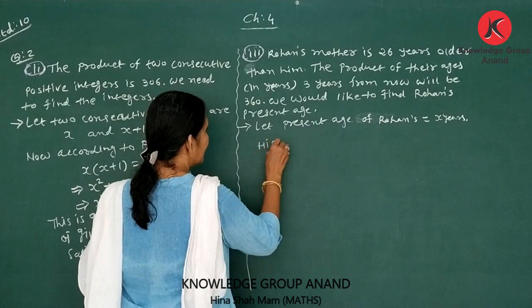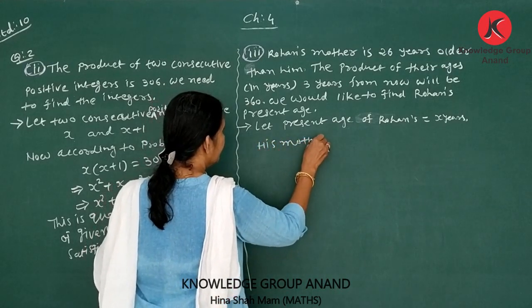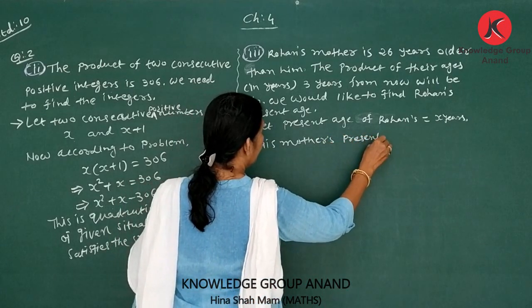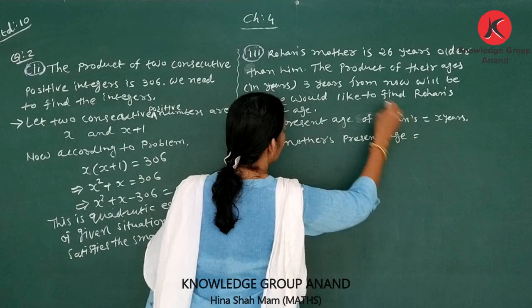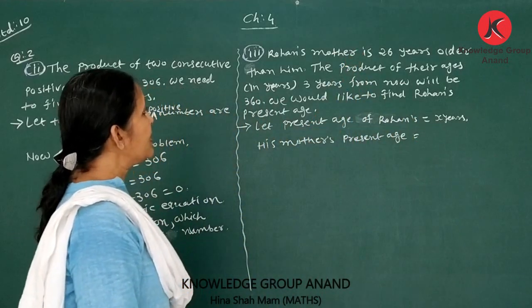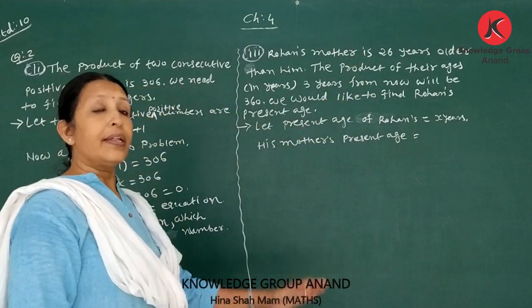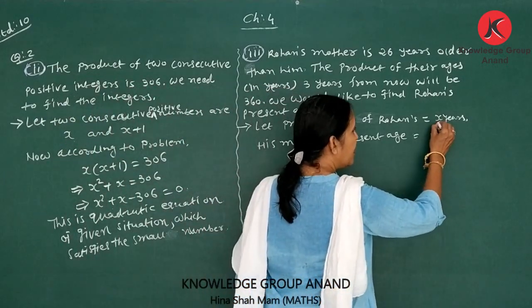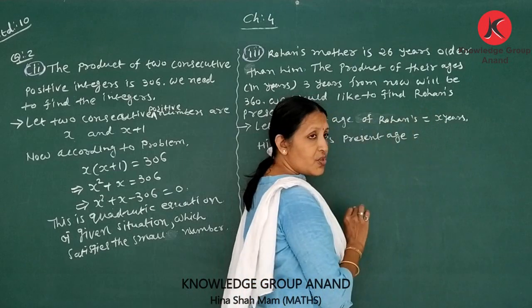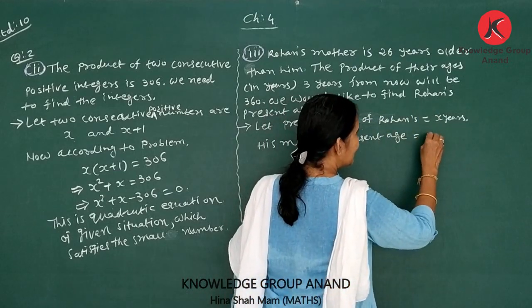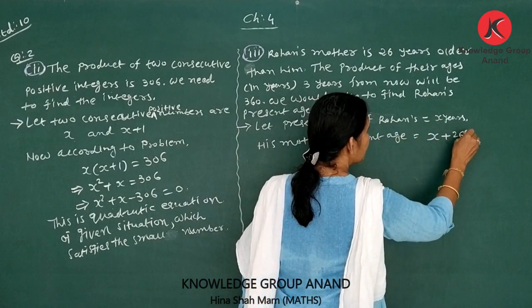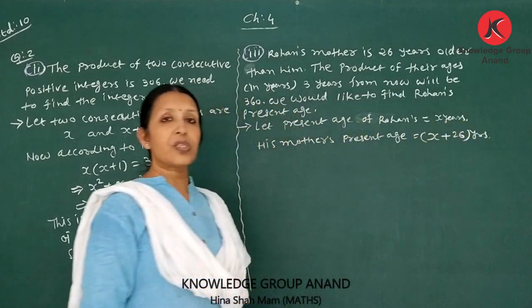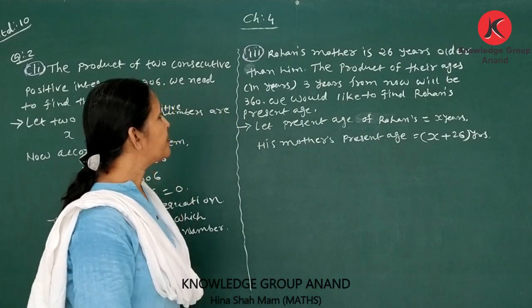His mother's present age is equal to, his mother is 26 years older than he, so it is 26 years more. Here Rohan's present age is equal to x years. His mother's present age is equal to x plus 26 years.